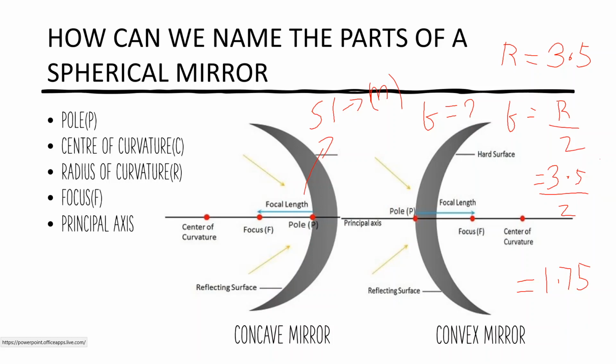They never meet. That is why the real image is never formed. What our eye thinks is that all that is coming from a point behind the mirror. That is called a virtual image.